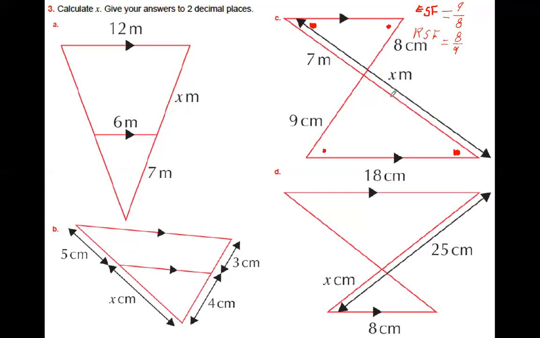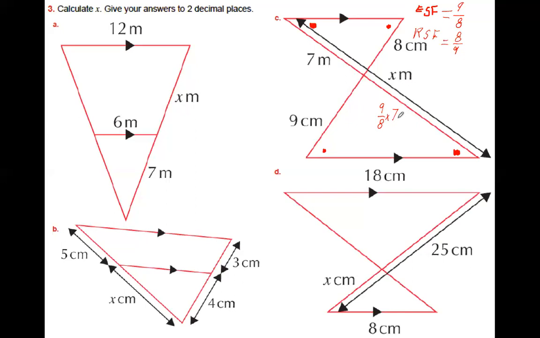So to find X, I'm going to find this distance first. This distance is that distance times the ESF. So 9/8 times 7. And what I need to do is just add 7 to it.